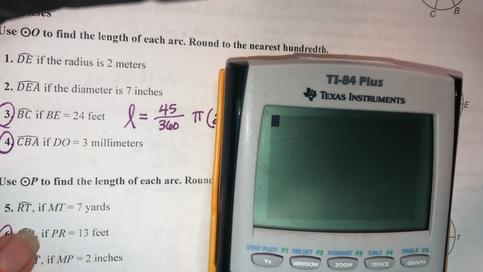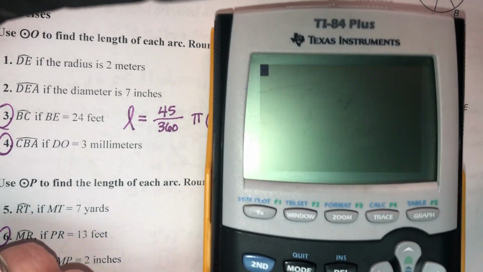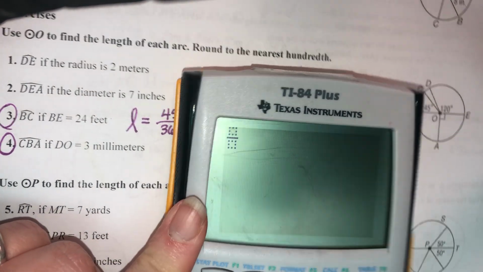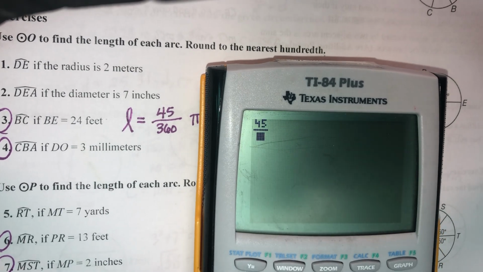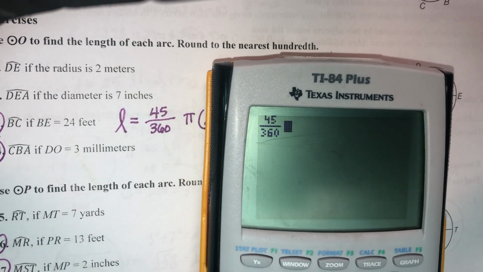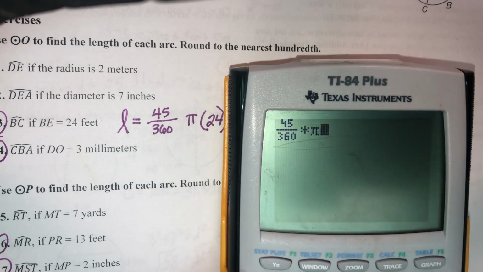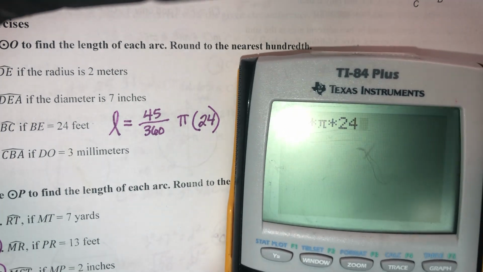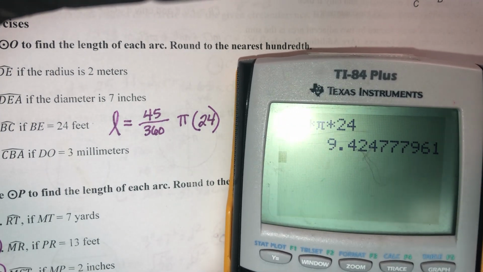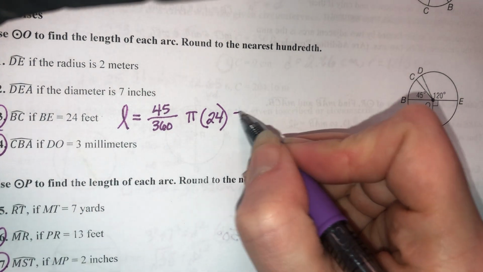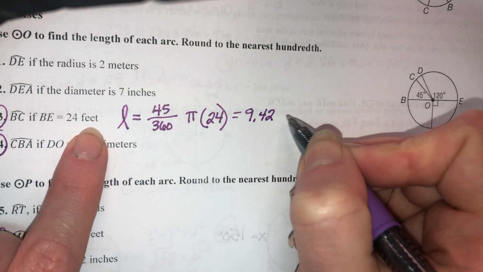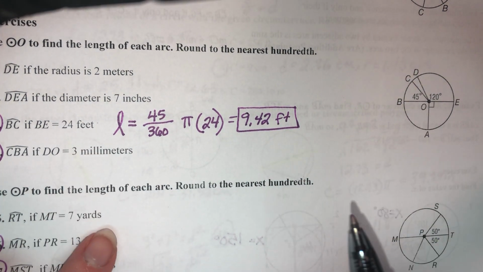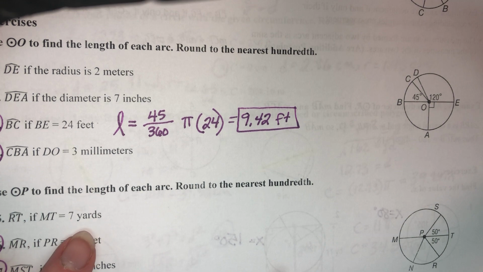You can get your fraction by hitting alpha y equals, number 1, and then 45 over 360, and then times pi times 24, and that gives us 9.42. And this is measured in feet because we are actually measuring how long that arc of the circle is. It's the arc length.